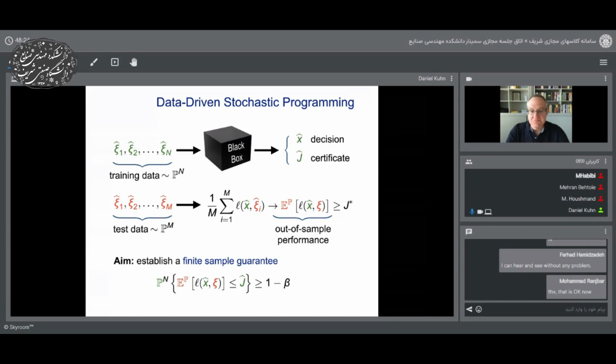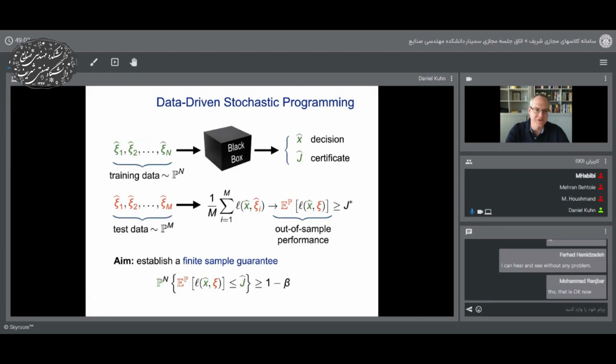Now, if the number of test samples tends to infinity, under mild conditions, the law of large numbers tells us that this sample average converges to the expected loss of our data-driven decision x hat. In this expected loss, the expectation is evaluated with respect to the distribution p of a single test sample xi, which is independent of the training samples. Throughout this talk, any quantity that has a hat is a quantity that is accessible to us.